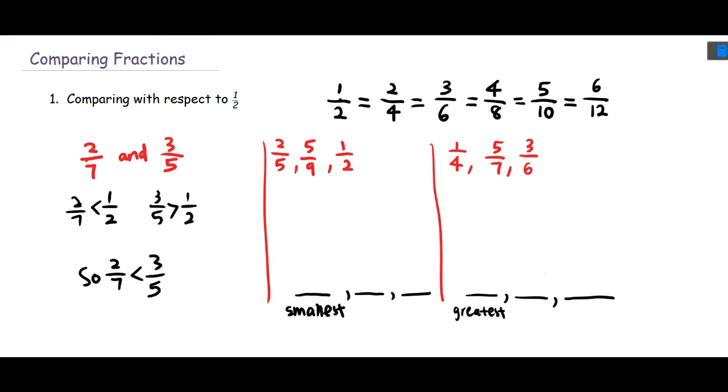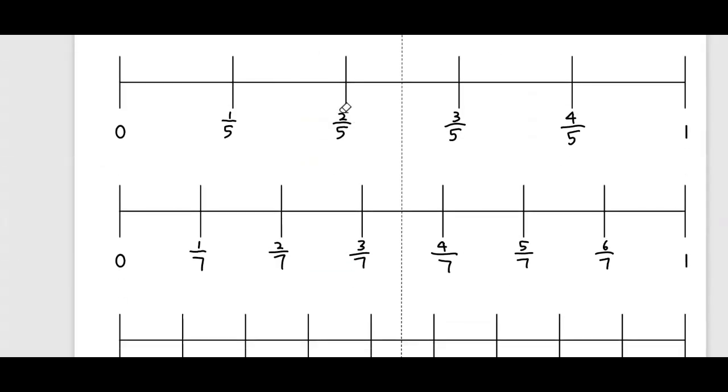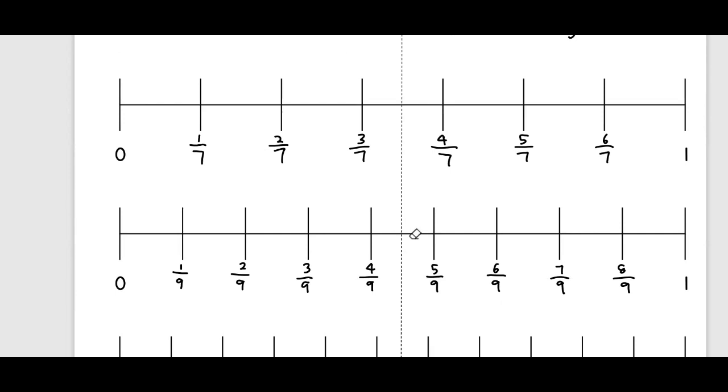Now, it might be a bit more complicated when we have more than two numbers. So let's look at this second example: 2/5, 5/9, and half. Let's check 2/5 and 5/9 first. As you can see, they both still have odd denominators. 2/5 is on the left side of the vertical line, which means that it is less than half. 5/9 is on the right side of the vertical line, which means that it is more than half.